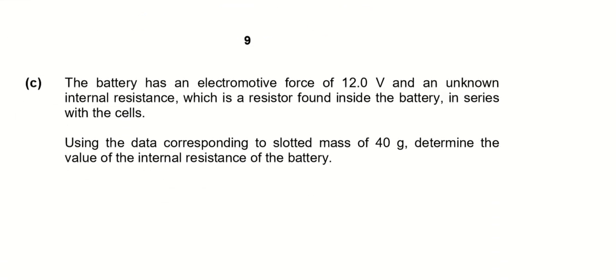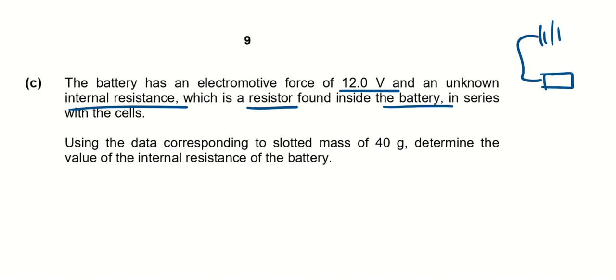C. The battery has an electromotive force of 12 volts and an unknown internal resistance, which is actually a resistor found inside the battery. Inside a battery, there is also a small resistance in series with the cells. Usually when we are dealing with a DC circuit, we will not need to bother about this internal resistance. It's only when the question specifies that you need to find it. If I have 12 volts and 6 ohm, you don't need to ask whether there is any internal resistance.